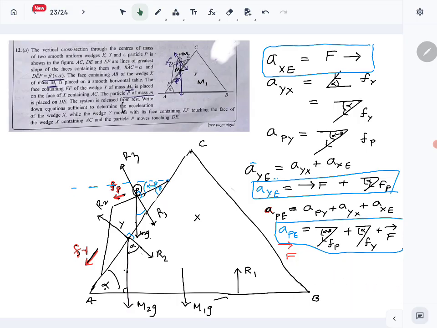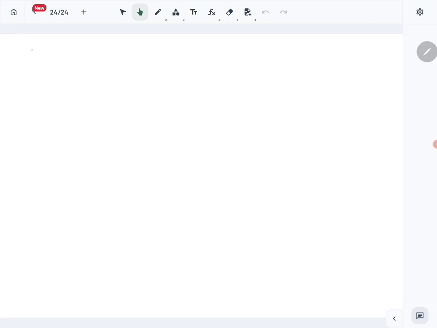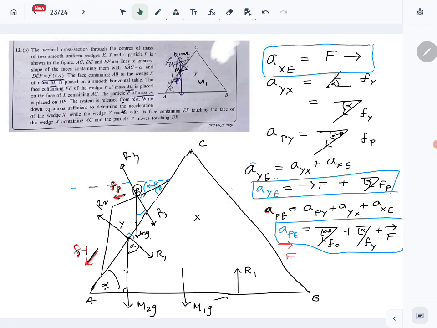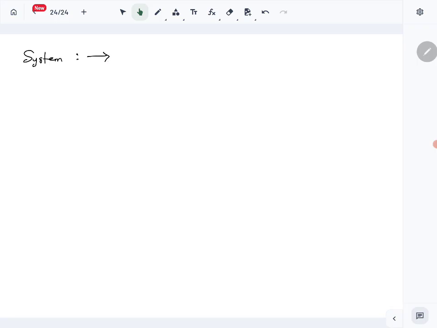So we'll do the system, applying F equals ma in this direction. No need to worry about R3 or R2, they cancel. m2g, m1g are all vertical, so no need to worry. R1 is also vertical, so there are no forces on the force side. So F equals ma, force side is 0.